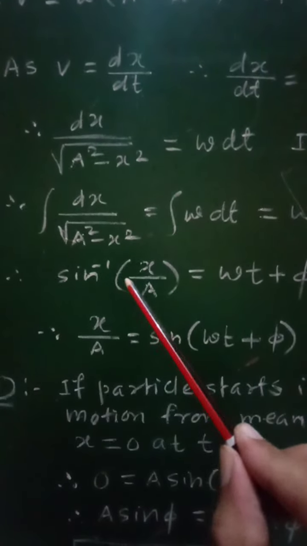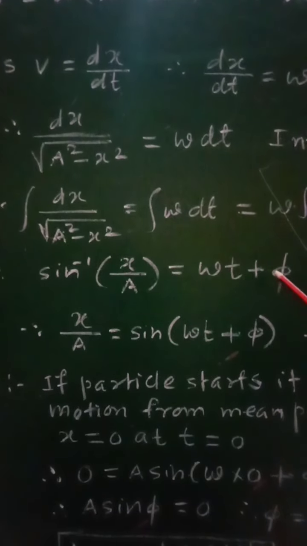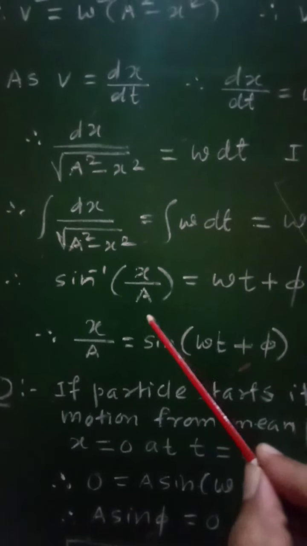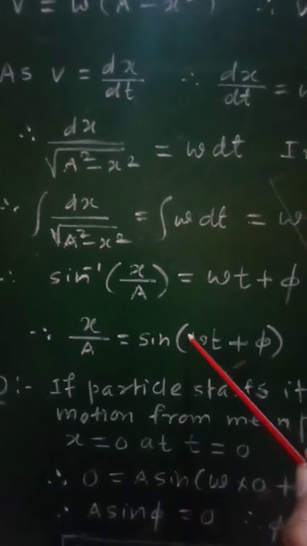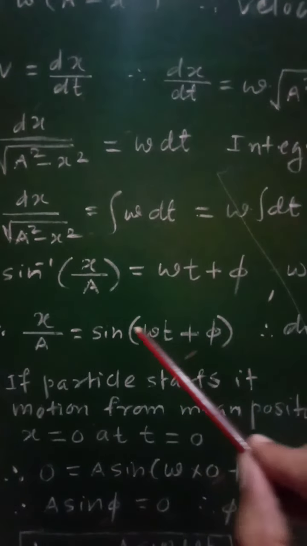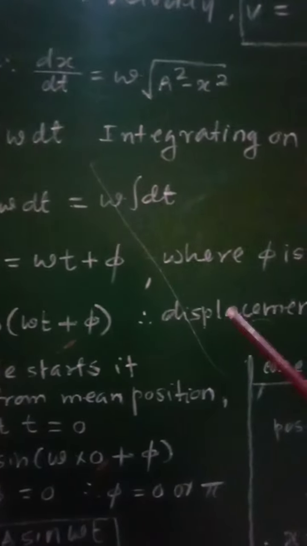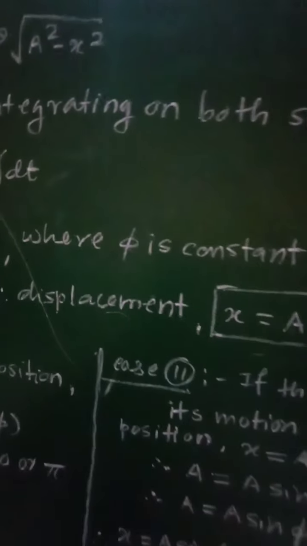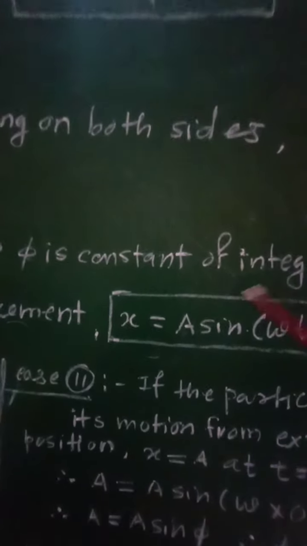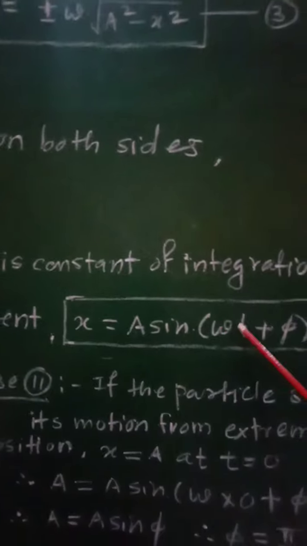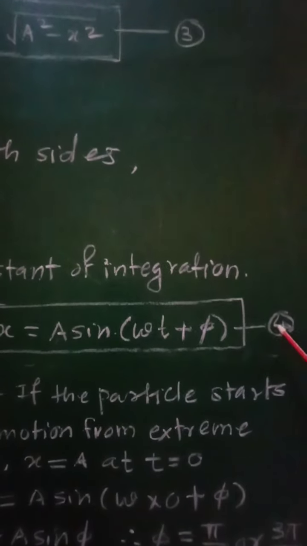So we can write sine inverse of x by a equal to omega t plus phi. Therefore x by a equal to sine of omega t plus phi, and therefore the displacement x will be equal to a sine omega t plus phi, equation number 4.